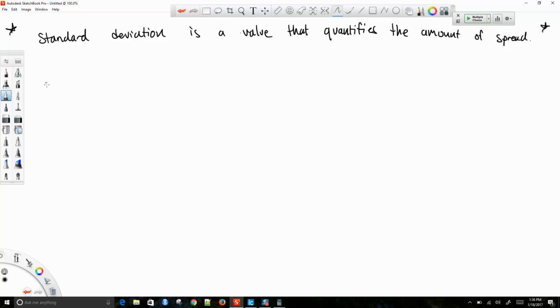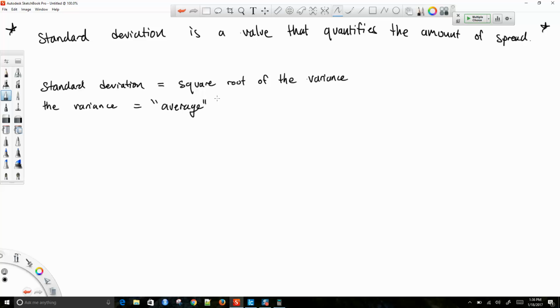So first I'm going to just say the standard deviation is equal to the square root of the variance. And the variance is equal to, I'm going to put this in quotes, the quote-unquote average squared distance from the mean.